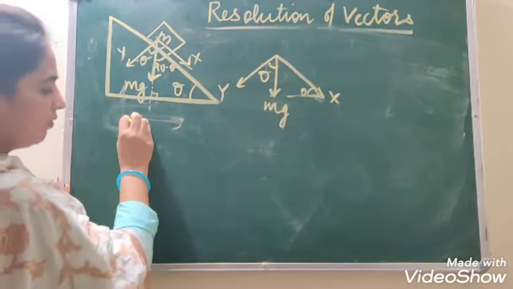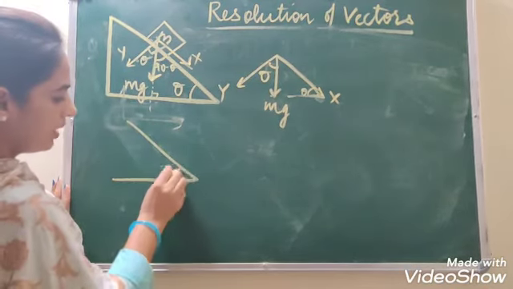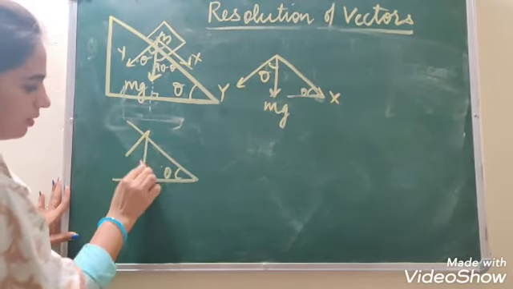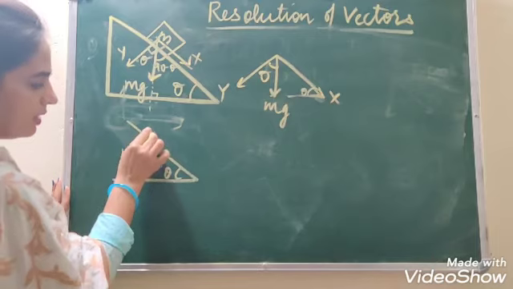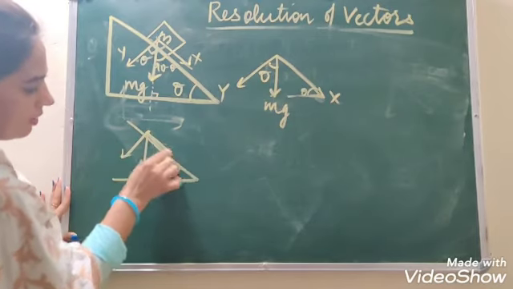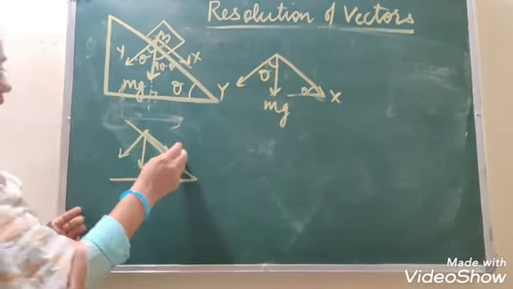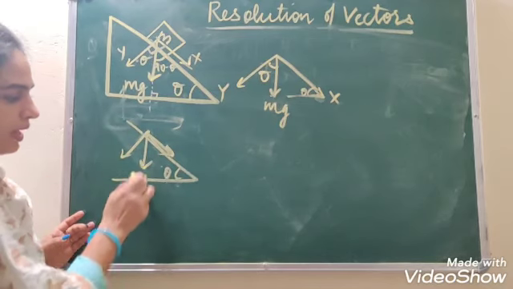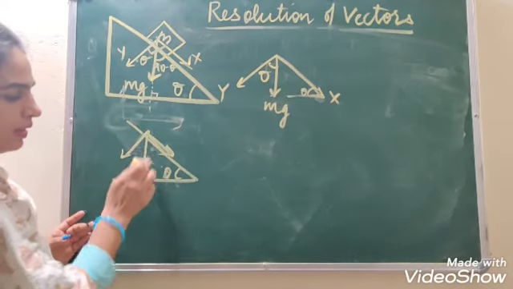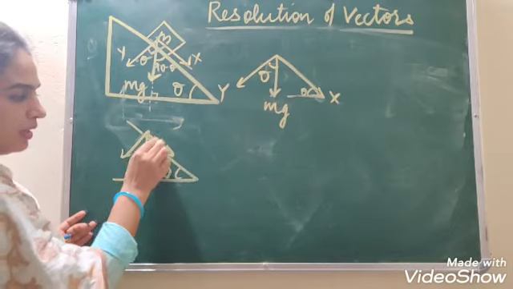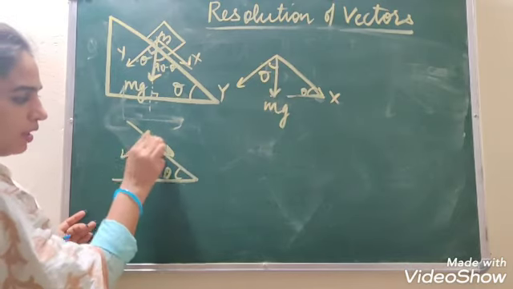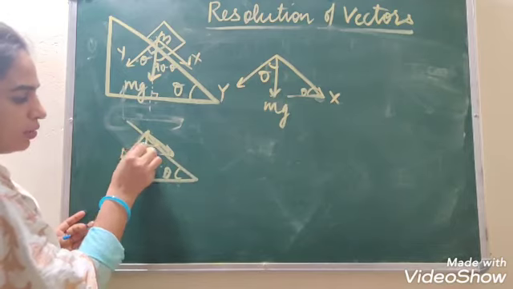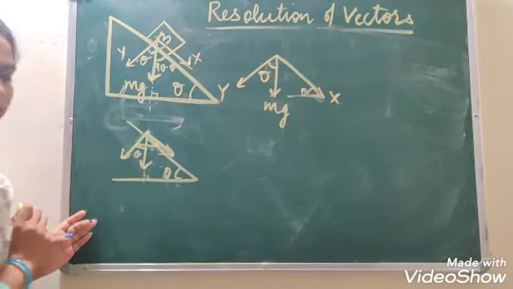Again, if you have any confusion, see, this is angle theta, this is mg, this is the x component, this is the y component. In this triangle, this is angle theta, this will be 90 minus theta. Now this is 90 degrees again, so the remaining angle is theta.